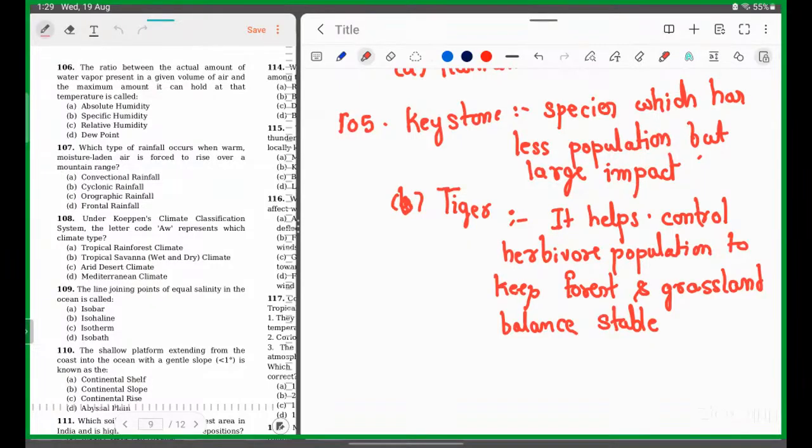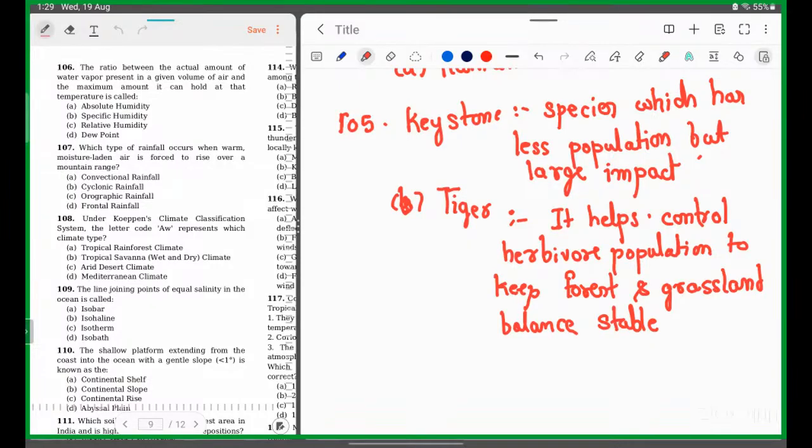Absolute humidity means the actual mass of water vapor present in a specific volume of air. How much H2O vapor is present in air is known as absolute humidity. Specific humidity means the ratio of the mass of water vapor to the total mass of the moist air parcel.